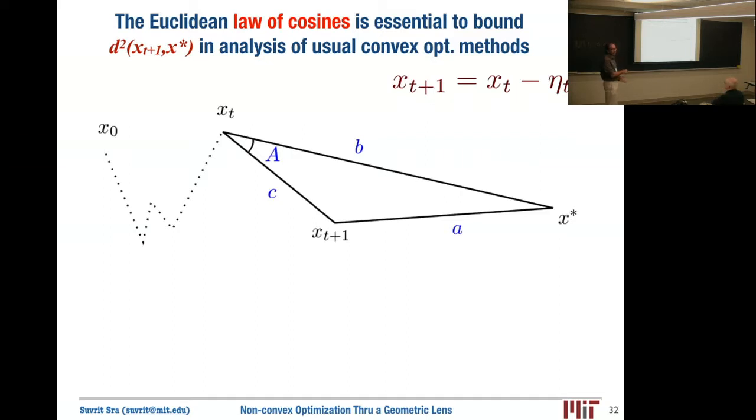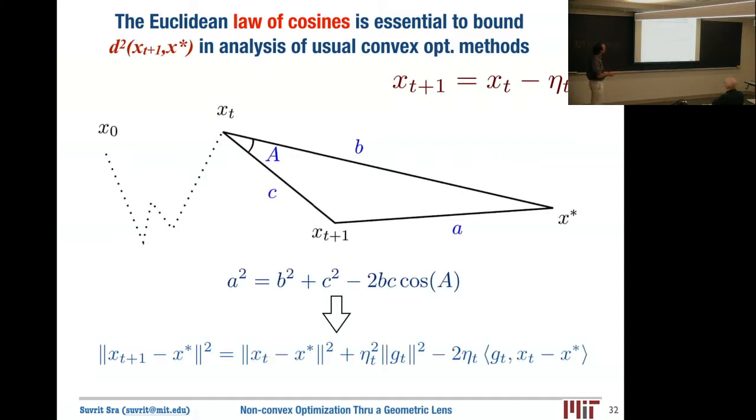So after doing some work using a comparison theorem from differential geometry and differential equations, you can prove not an equality but an inequality: the distance A squared is upper bounded by that, and there's this distortion term which captures the effect of curvature.